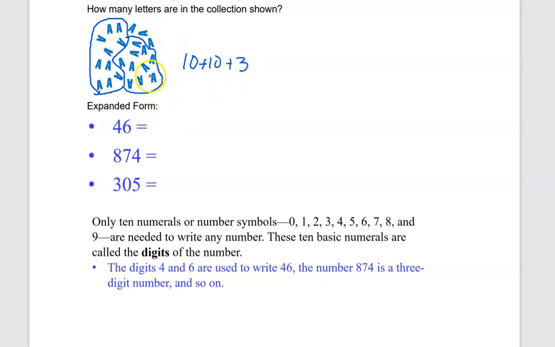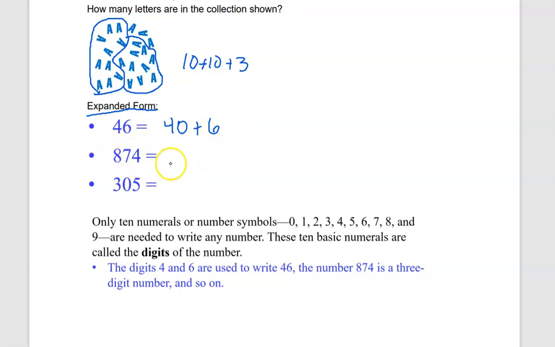Okay? And so when we were designing our number system, we knew that we needed to talk about numbers and be able to break them down. That's really what expanded form is. So if I want to talk about 46, I could break it down into 4 groups of 10, which is 40, plus 6.